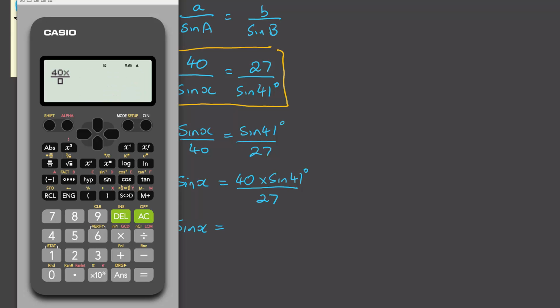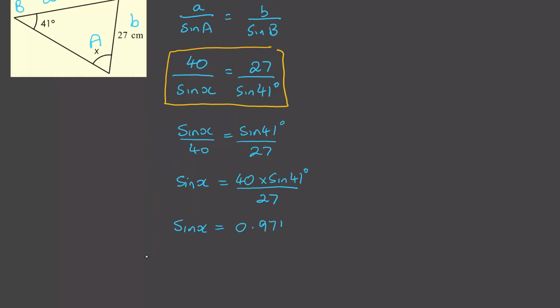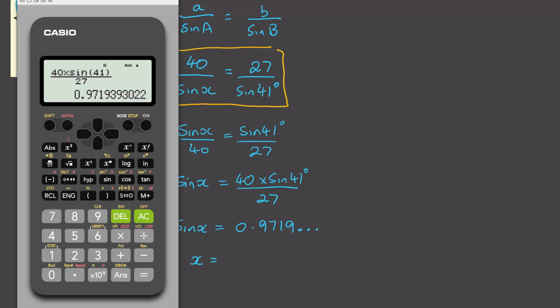We'll come back to that. 40 times sine 41 divided by 27 is 0.9719 and so on. And so x is going to be the inverse sine of my last answer.